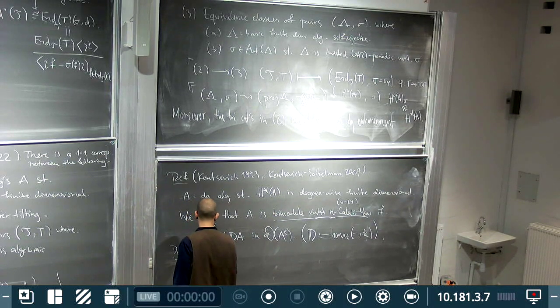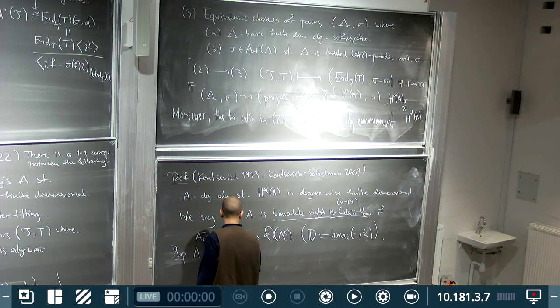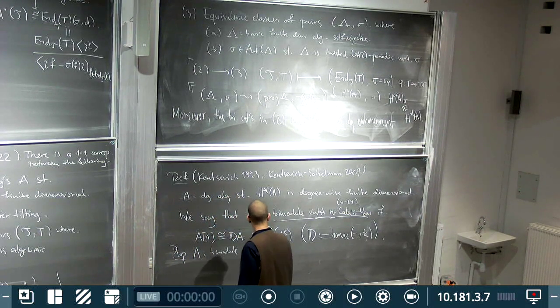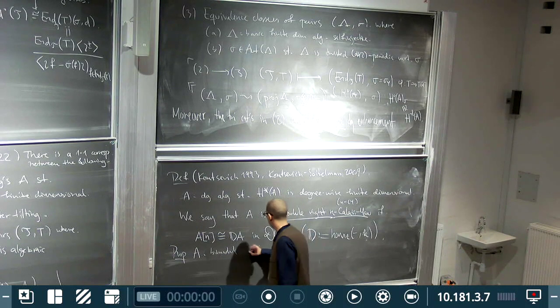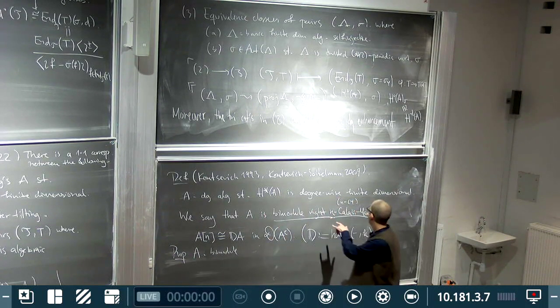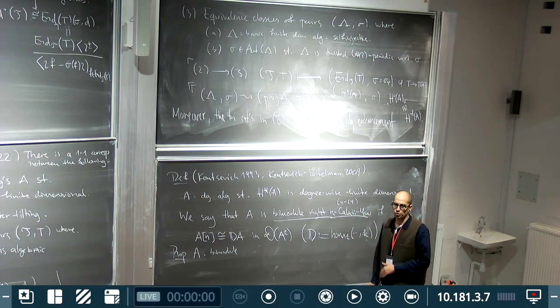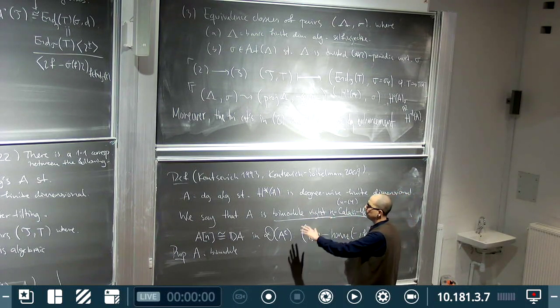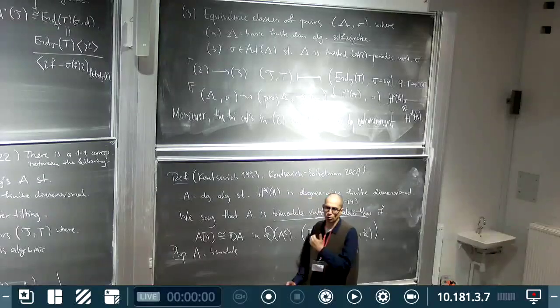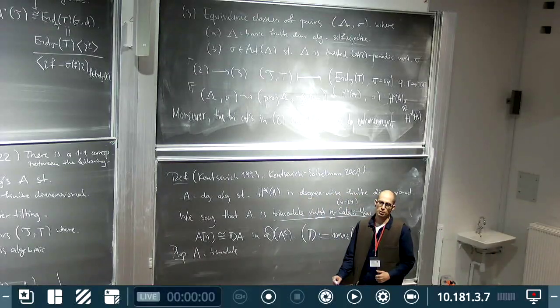If A is a bimodule, maybe I make a remark for those of you that know things about this. There is a notion of a right n-Calabi-Yau structure, and this is a weaker definition. Sometimes the existence of such an isomorphism may be called a weak right n-Calabi-Yau structure.